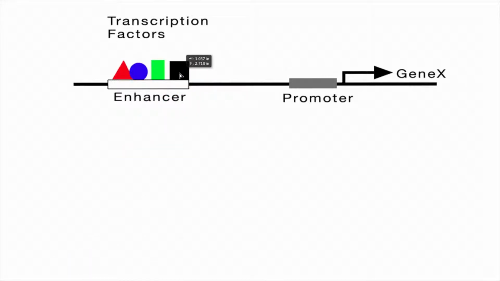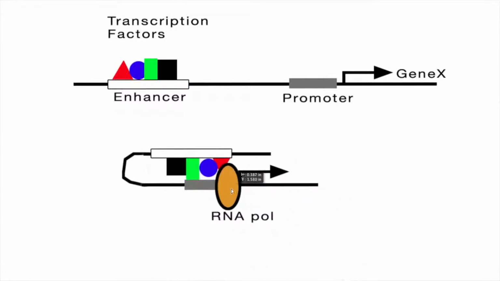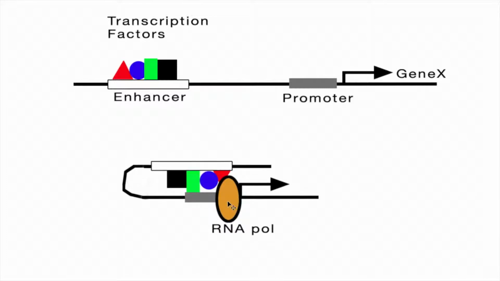So they'll come down and recognize this enhancer and bind to it and form a transcription factor complex. When this happens, it actually contorts and changes the shape of the DNA such that your DNA regions of enhancer and promoter literally change shape and come very close to each other, enabling a very important enzyme to bind to that promoter, which is RNA polymerase.